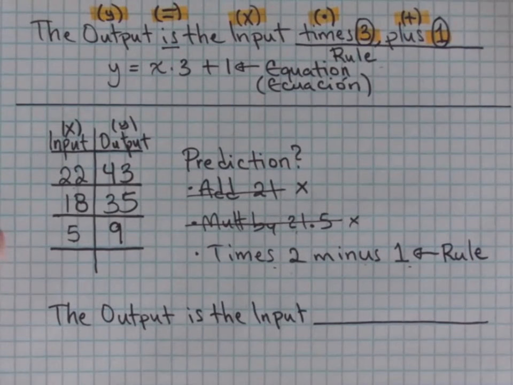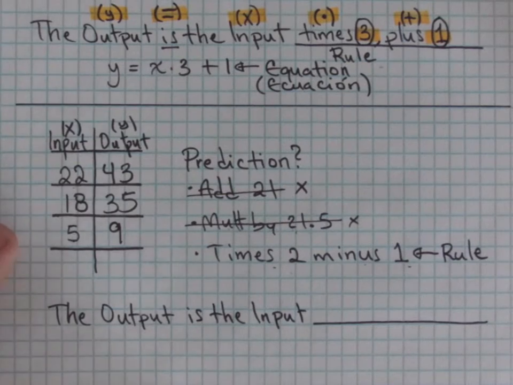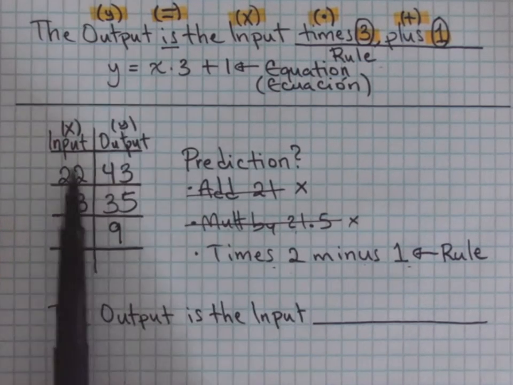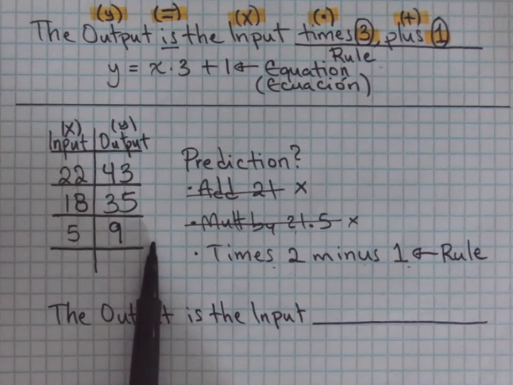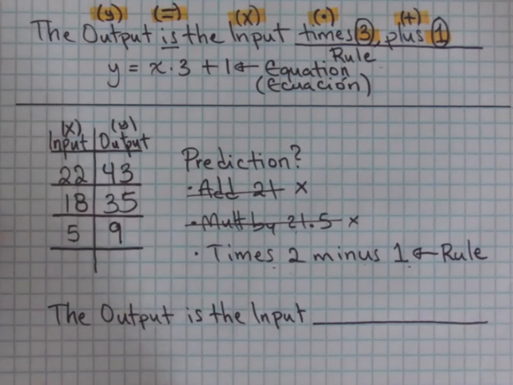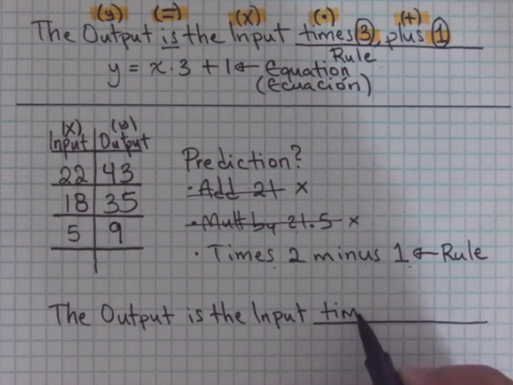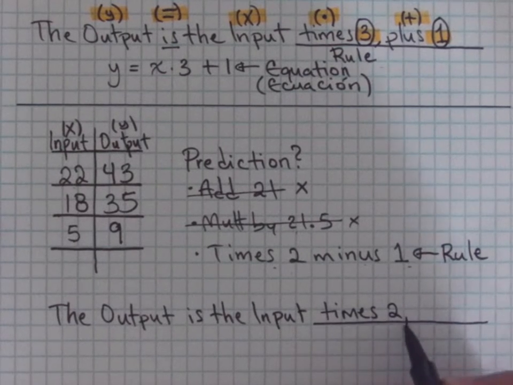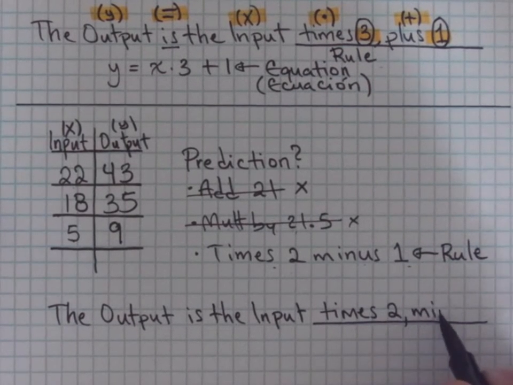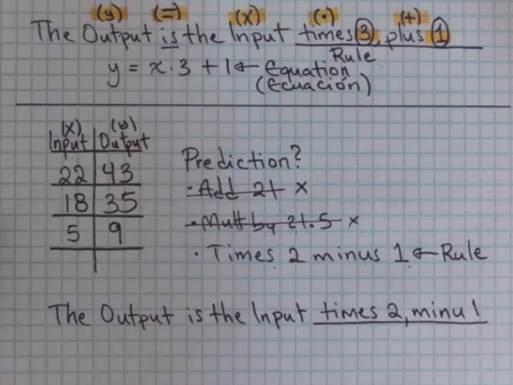And the only reason we decided that's the rule is because this worked every time. So, para terminar aquí, just like somebody already told me, times 2 minus 1.